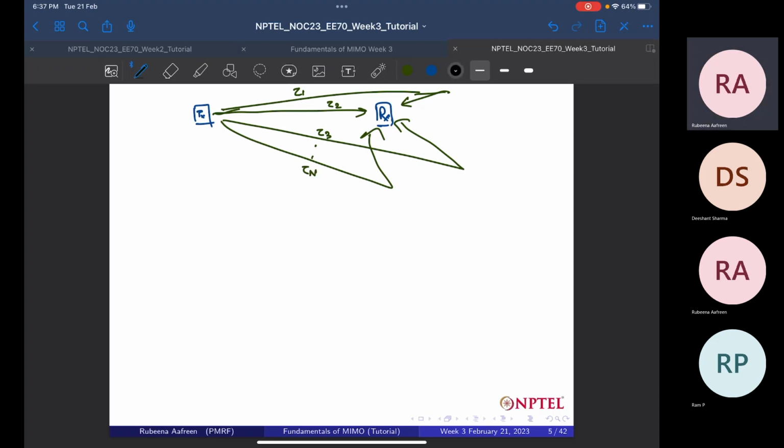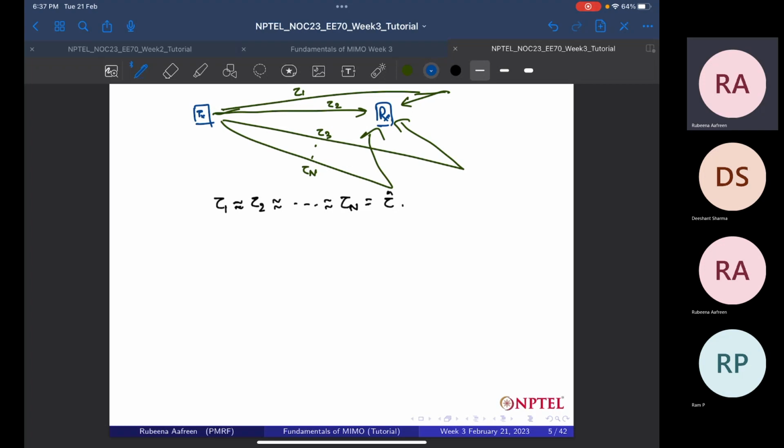Now one important assumption that we are making here is that we are saying this τ1 is approximately equal to τ2, likewise this is approximately equal to τ_n. So what we are saying is that any path the signal is coming from transmitter to receiver, from anywhere it is getting reflected, that total time is the same.